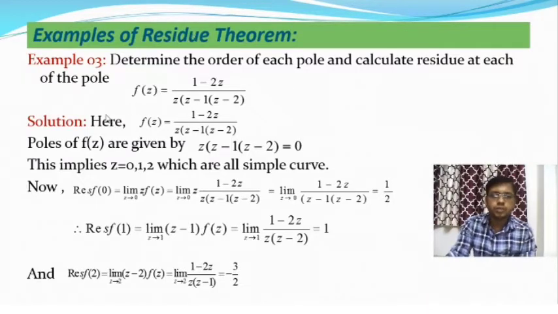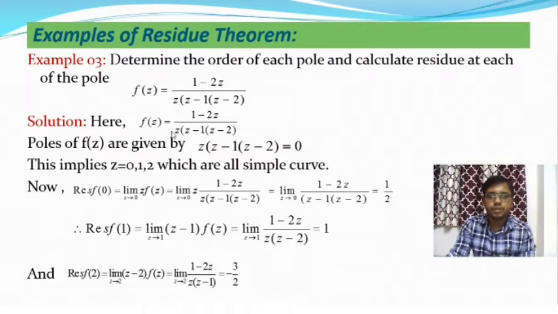So first of all we are going to find the poles of the function, and after that at each pole we are going to find the residue of the function.